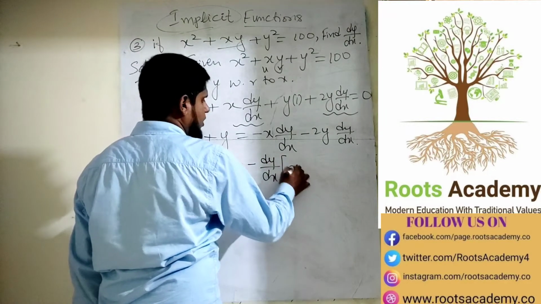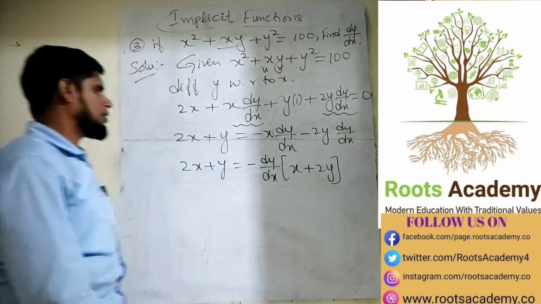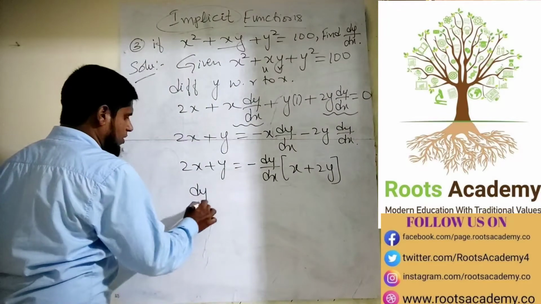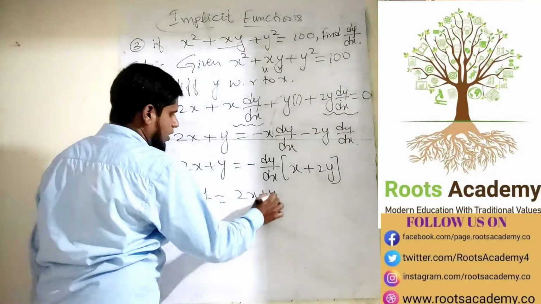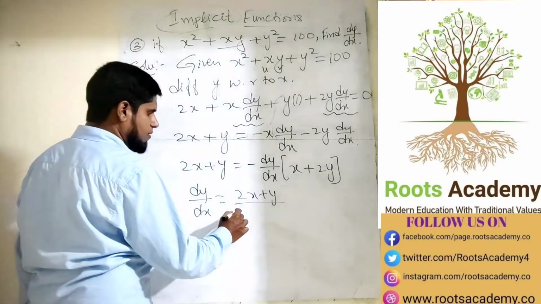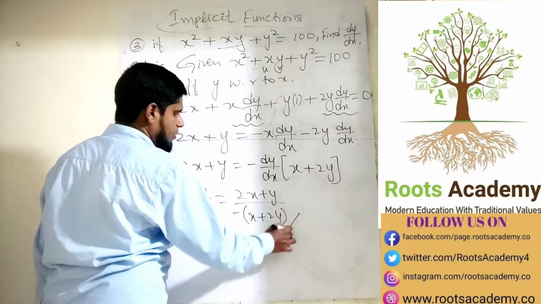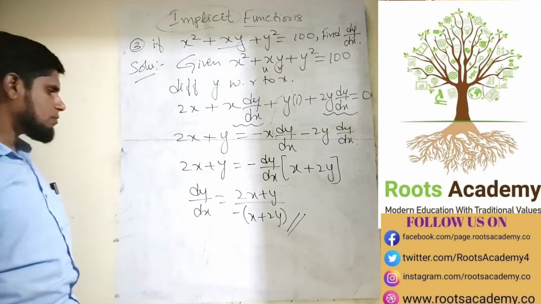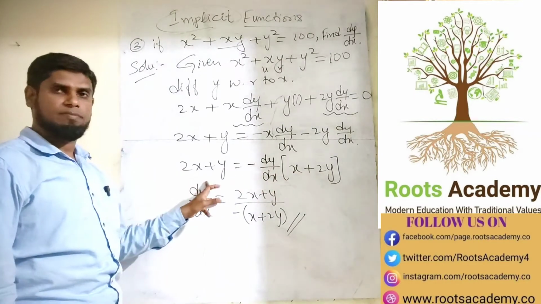The left out part is x plus 2y. Finally, our dy by dx will be 2x plus y divided by minus of x plus 2y. This I cross multiply to the denominator.